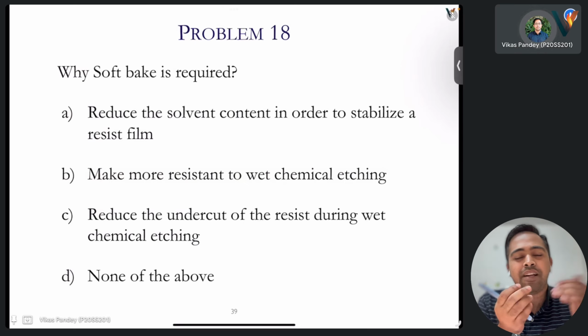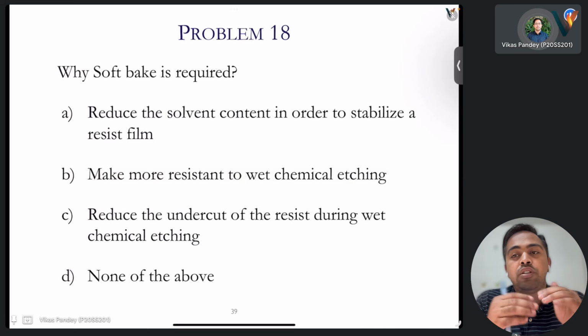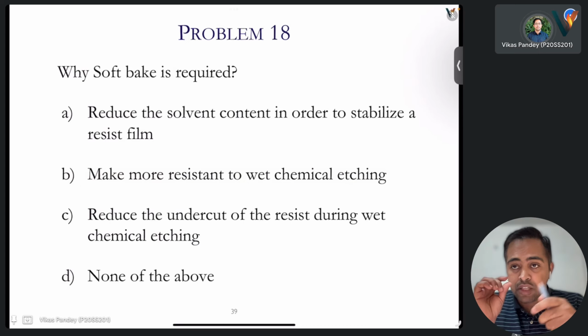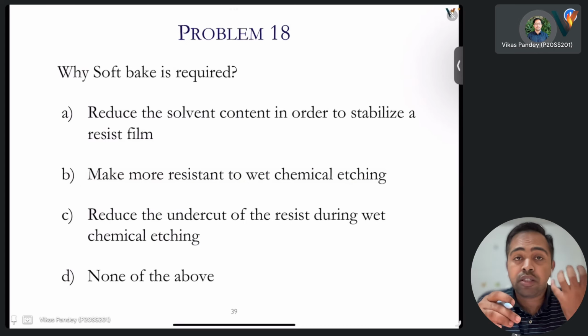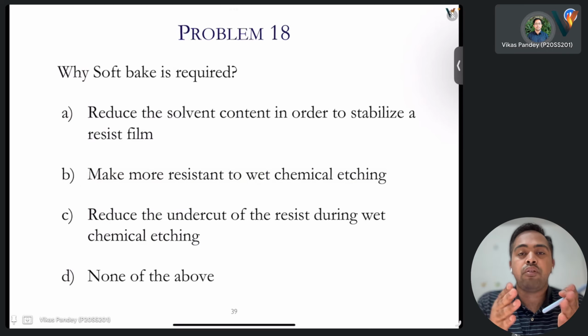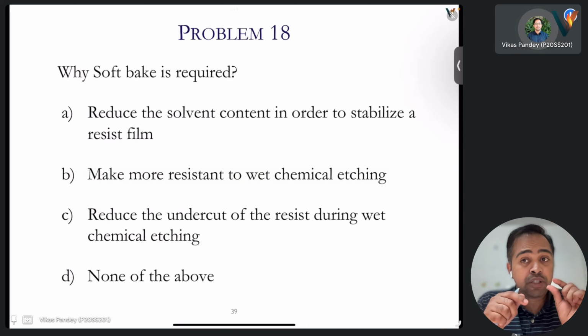Though it will not flow directly, yes, there will be some internal flow, very slow, and that can be difficult to develop, or in fact during exposure it will not have a uniform exposure, since the exposure dose, how much energy is to be given for it to be able to dissolve in case of positive resist, and not dissolve in case of negative resist, actually depends on the thickness.